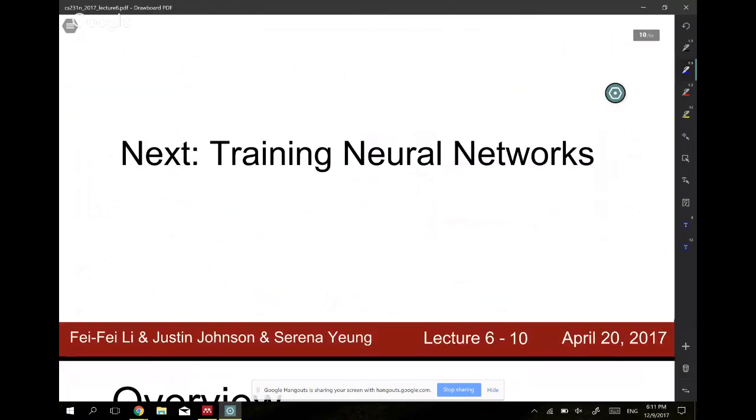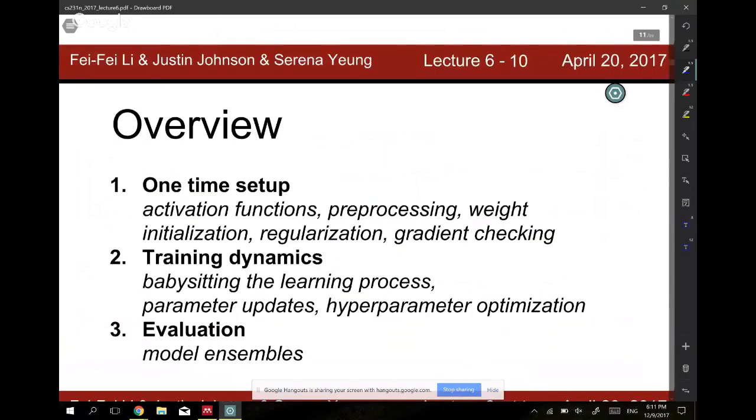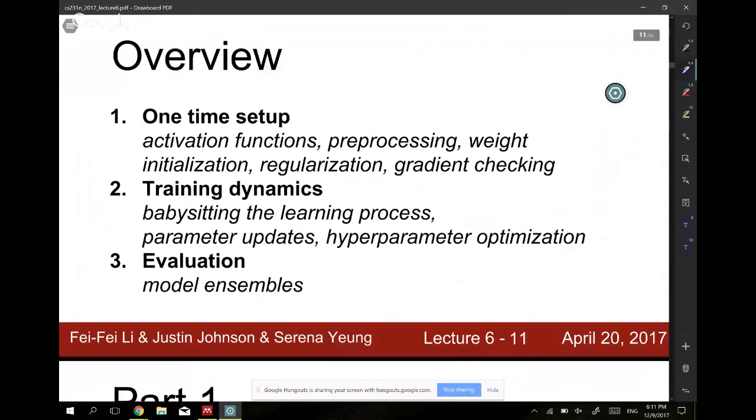Okay, so today we will cover more specifics of training neural networks. Specifically, we will cover the initialization, which is the one-time setup. We will talk about the activation functions to use, and the differences between sigmoid, ReLU, this kind of thing.